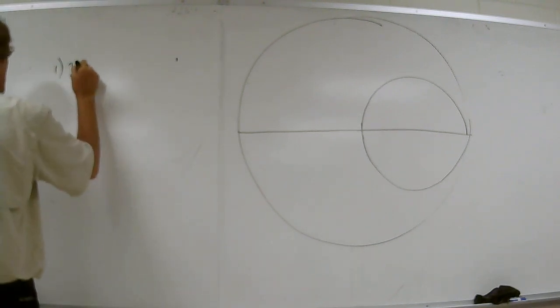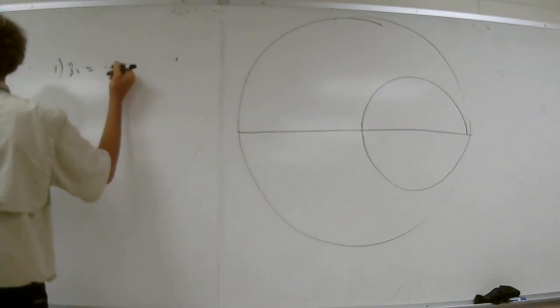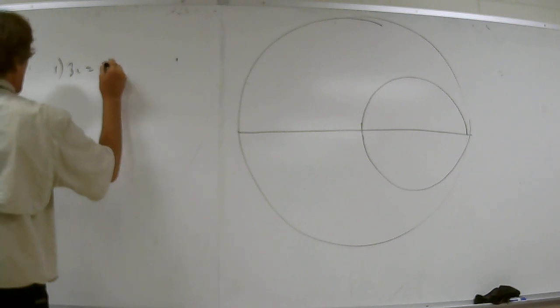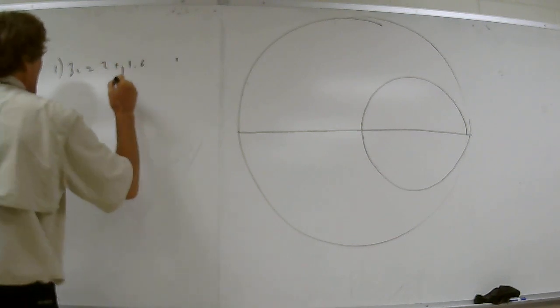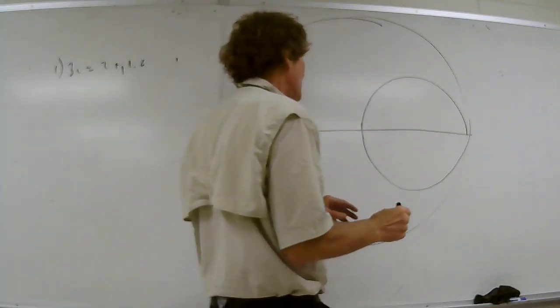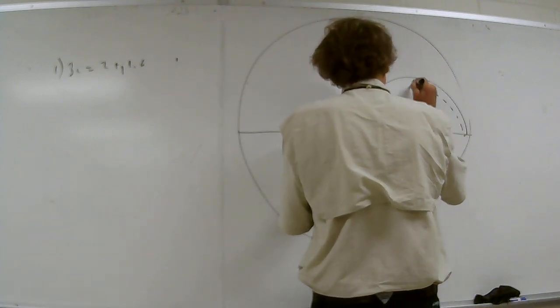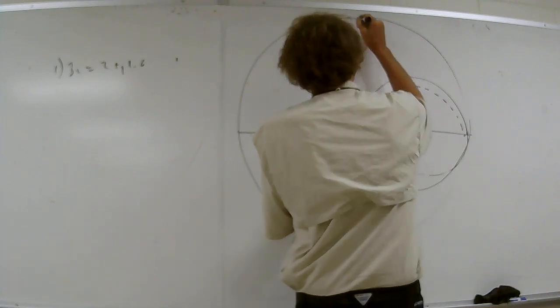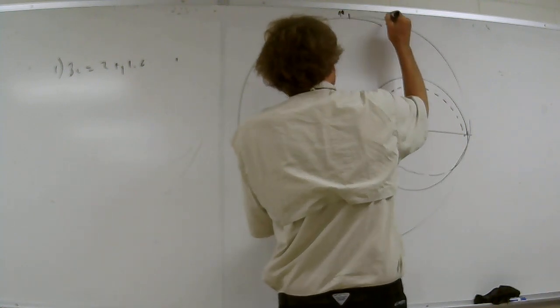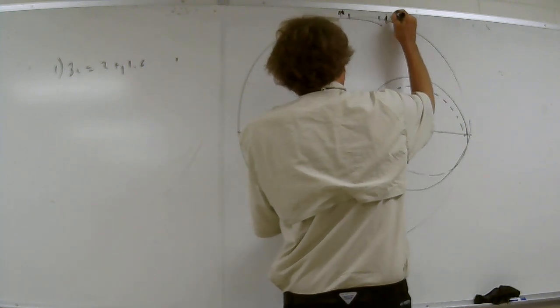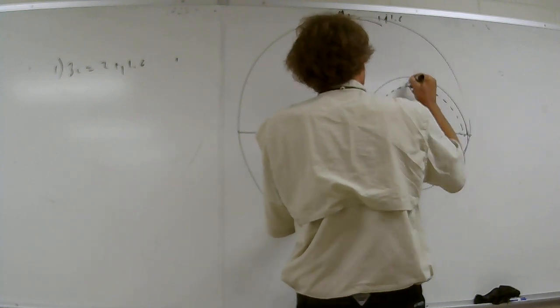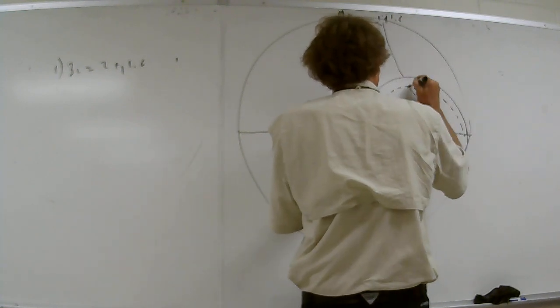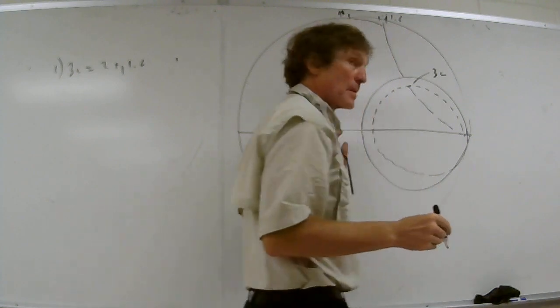ZL is simply going to be 2 plus j1.6. So 2 is here, roughly, and if this is j1, this is about j1.6 here. So something like that. This is going to be ZL.